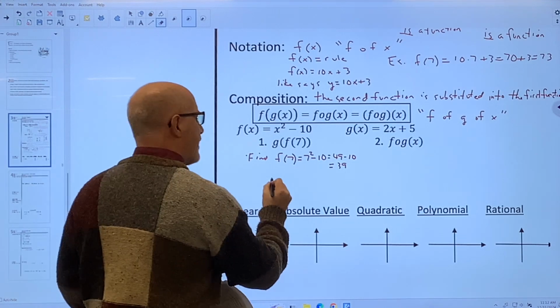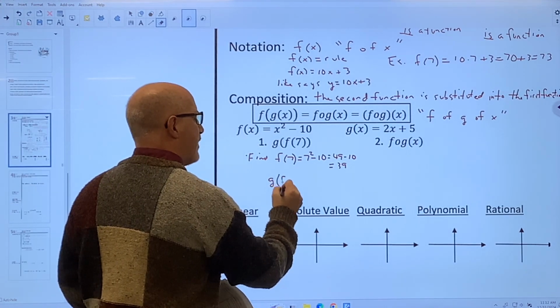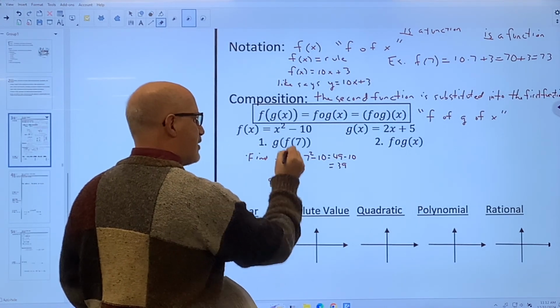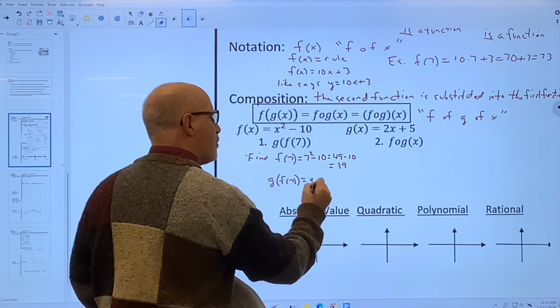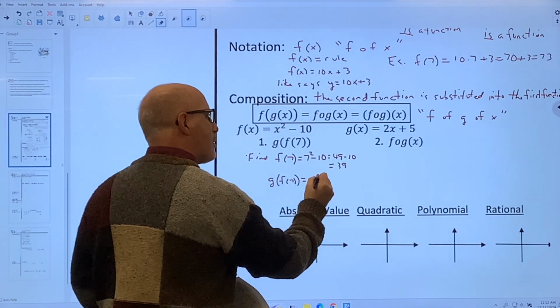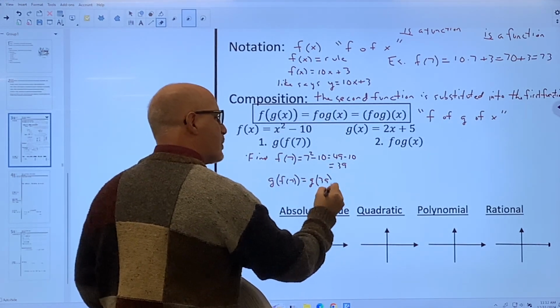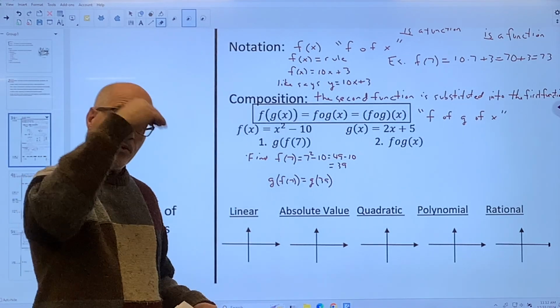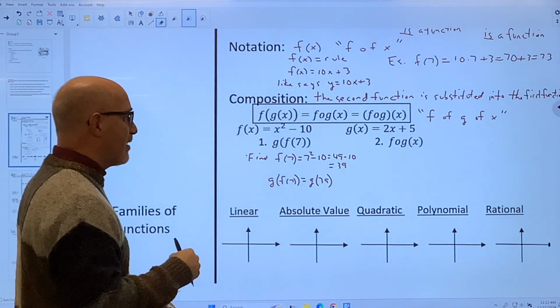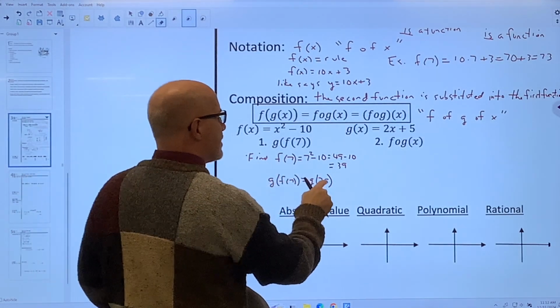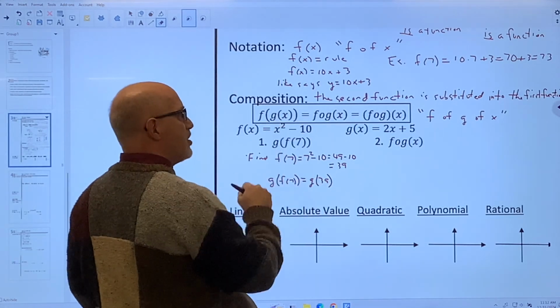So if I'm trying to find g of f of 7, this problem, I'm going to put in where there's f of 7, I'm going to put a 39 instead, because that's what it's equal to. Notice that one goes into the second function. And so the 39 is going to go into the g of x.